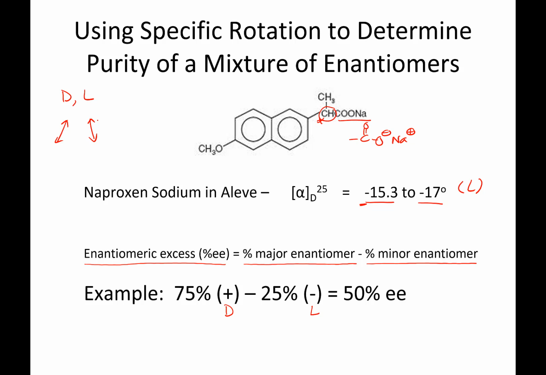And that, a 50-50 mixture of the D and the L forms, is what's called a racemic mixture. So a 50-50 D and L mixture will cancel each other out so that you will get 0 degree specific rotation. And that's called a racemic mixture.